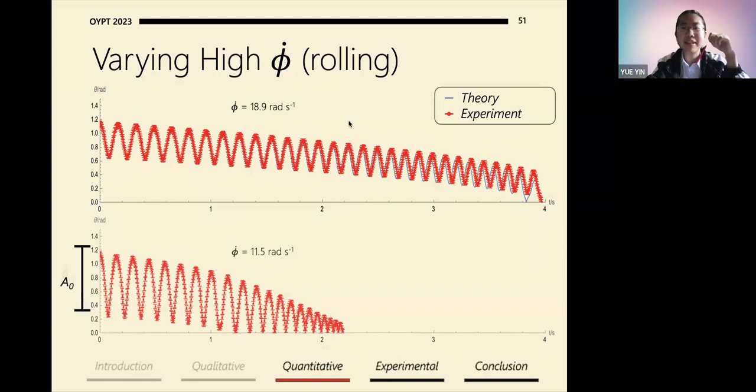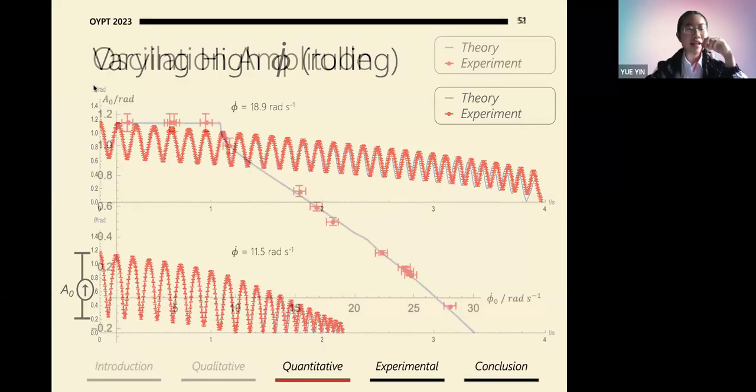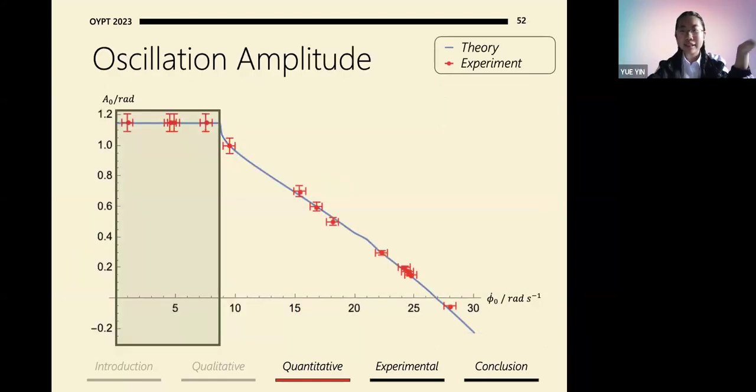So let's talk about that a bit more. Here I have a plot of the oscillation amplitude, so how much it rocks up and down, against the initial angular velocity, while keeping the initial angle the same. Initially, at a low angular velocity, the pendulum is rocking, and the first oscillation amplitude is actually constant, taking the pendulum from its initial release angle to the vertical position.